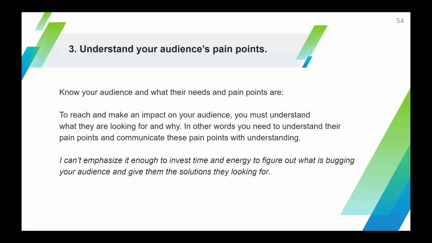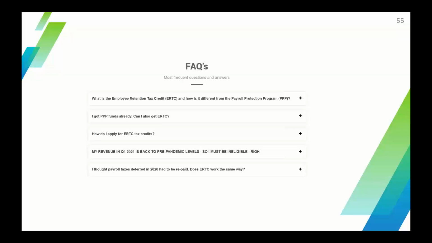In other words, you need to understand the pain points and communicate about these pain points with understanding. I can't emphasize it enough: invest time and energy to figure out what is bugging your audience and give them the solution they are looking for. So you need to be an answer to their pain point and address it.